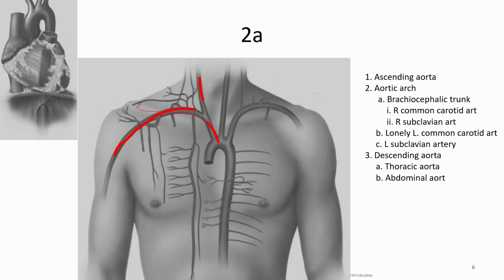The carotids take blood to the brain. And then the next branch is the left common carotid artery, and the next branch is going to be my left subclavian artery. Okay, and then you have here would be my thoracic aorta, and that would be my abdominal aorta.